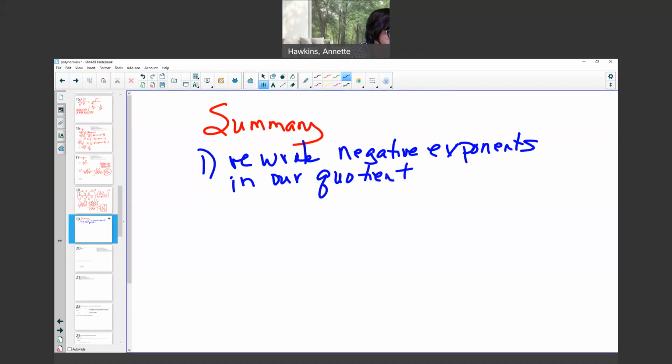Okay, that's what we did. Number 2, we used the product rule on the inside of that parenthesis.